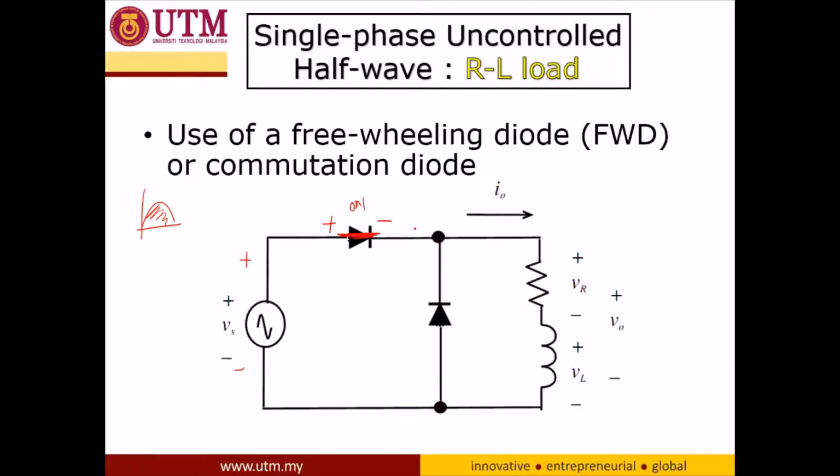The anode of the freewheeling diode is negative compared to its cathode, so it is off, reverse biased during the first positive cycle.